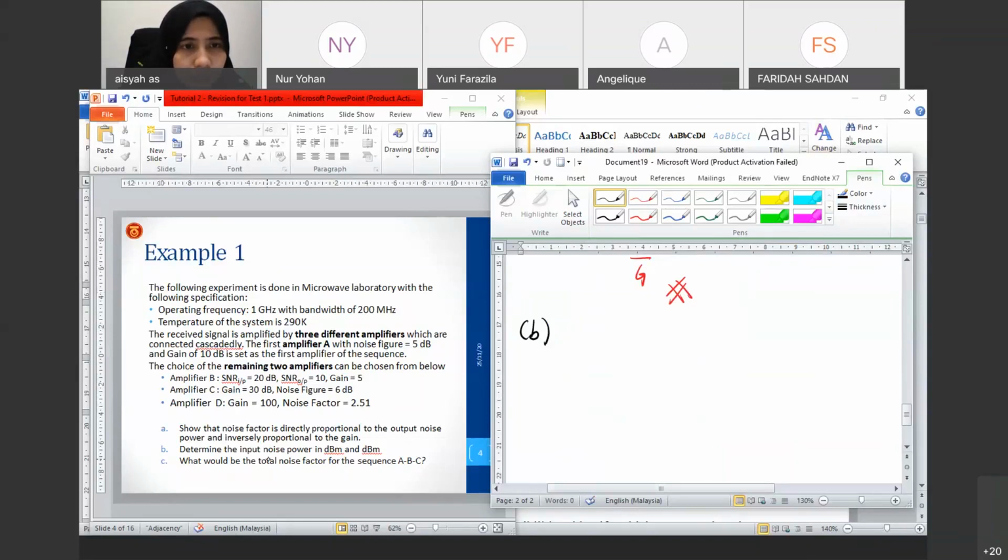For the second one, sorry, this is mu actually. The second one is dBm and dB mu. The second question wants you to get the Ni in dBm and dB mu. What is the formula for Ni?